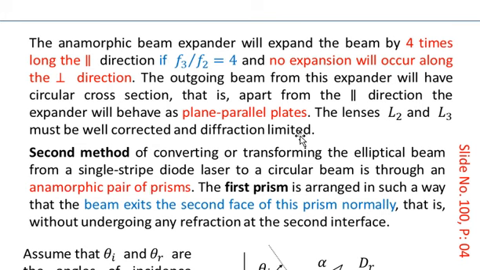So you see that this beam expander is actually controlling the dimensions of the parallel beam by 4 times, because the ratio or the magnification of the system is 4 times for the parallel beam. So the diameter of the parallel beam will be increased. It means that its divergence will be decreased by 4 times. So if you increase the diameter by 4 times, the divergence will be decreased by 4 times. So then ultimately you have the two beams, the parallel beam and the perpendicular beam, both having the same diameter.